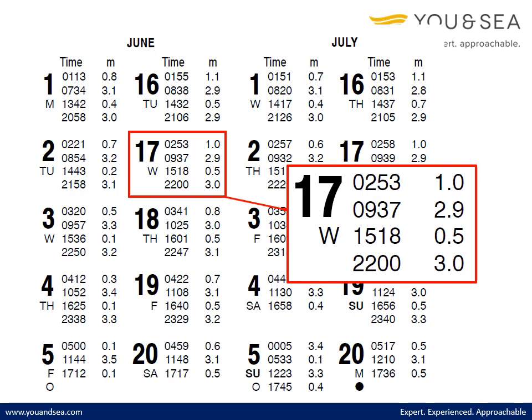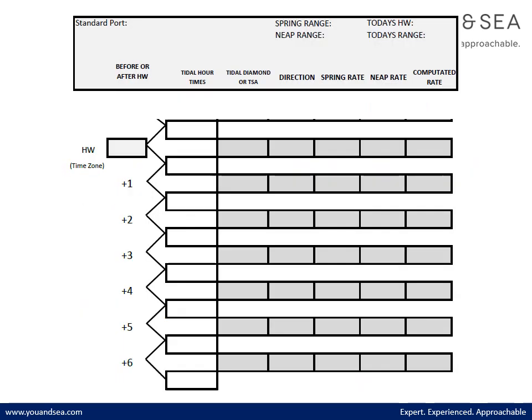We have our information for the 17th of June. 09:37 is the morning high water. 15:18 is the afternoon low water. And again, these times are in UT, so we need to add the hour on. So 10:37 becomes our high water.